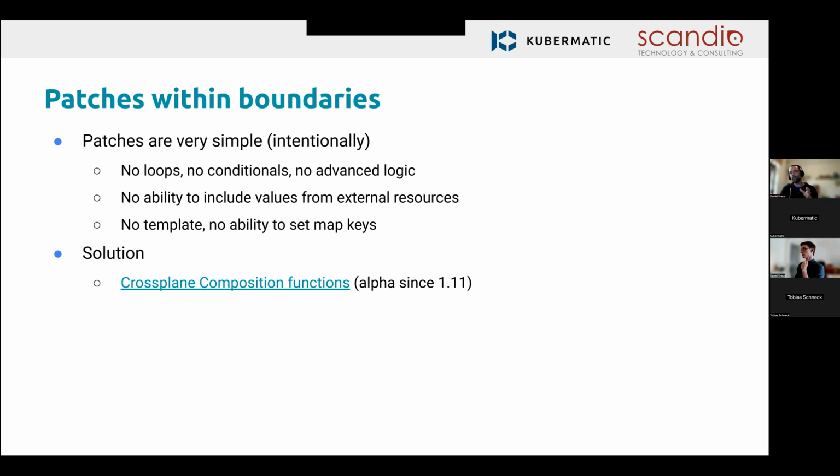They will be fed to your containerized function on standard in, and you can do whatever you want with these resources and provide your desired state on the output. So this is really, really powerful, and I'm excited to see what they will add to this feature once it becomes better or stable.